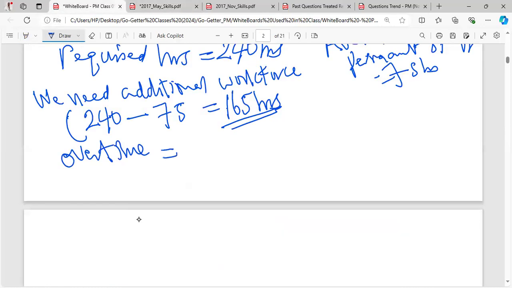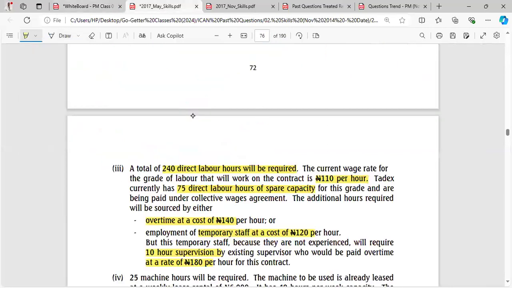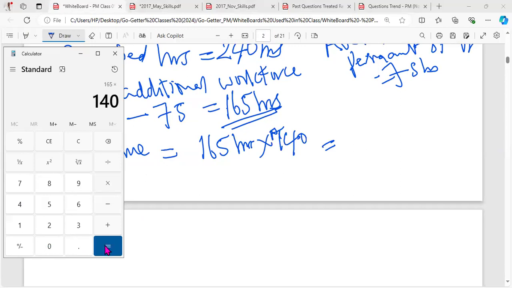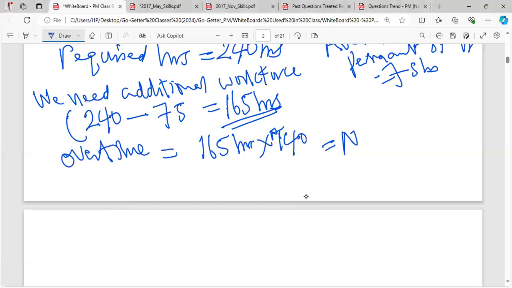Overtime will be 165 hours times how much? 140 naira per hour. 165 times 140 will give me 23,100. That is the overtime for that job.